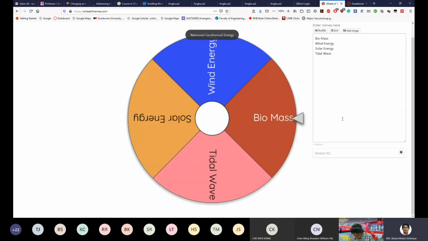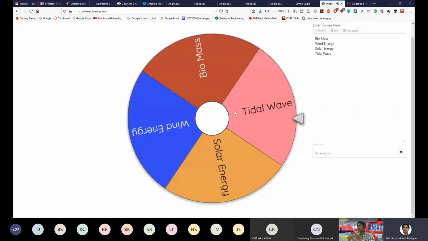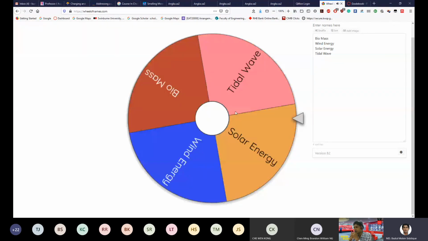And now going for the third one. Oh, group 7. Group 7 is third. So I just click and let it roll and spin.